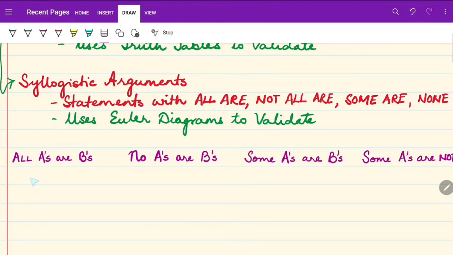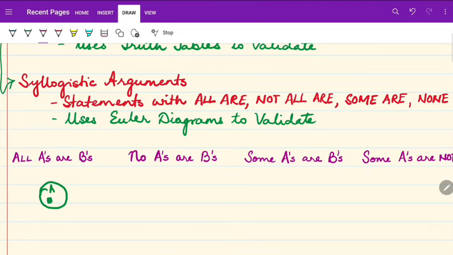So let's look at the first phrase here, which says all A's are B's. How would the diagram for this look? First, let's try to understand what this phrase means. It means all elements contained in A are also a part of the set B. The way we would go about drawing this is we would have a circle representing the set A, and every element in set A is also a part of set B. All A's are B's.